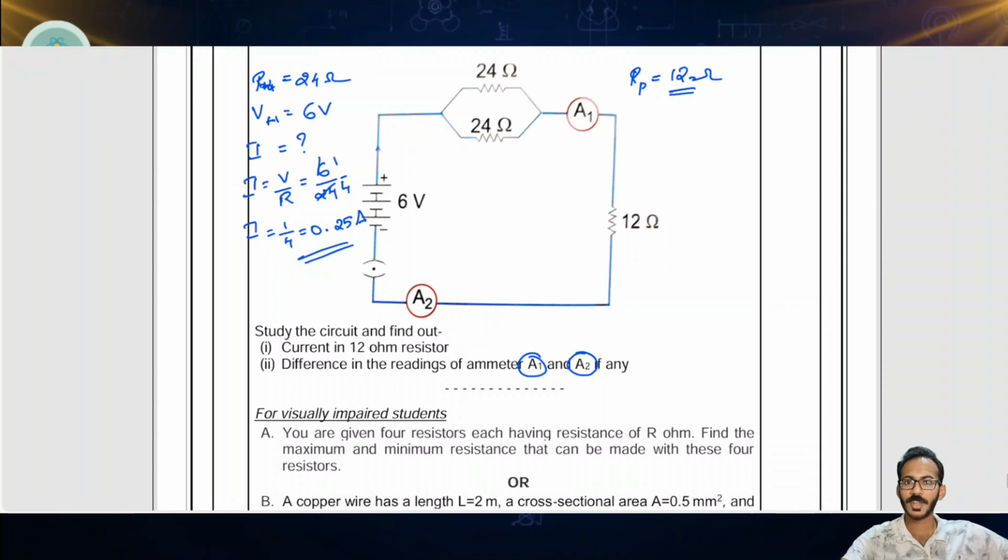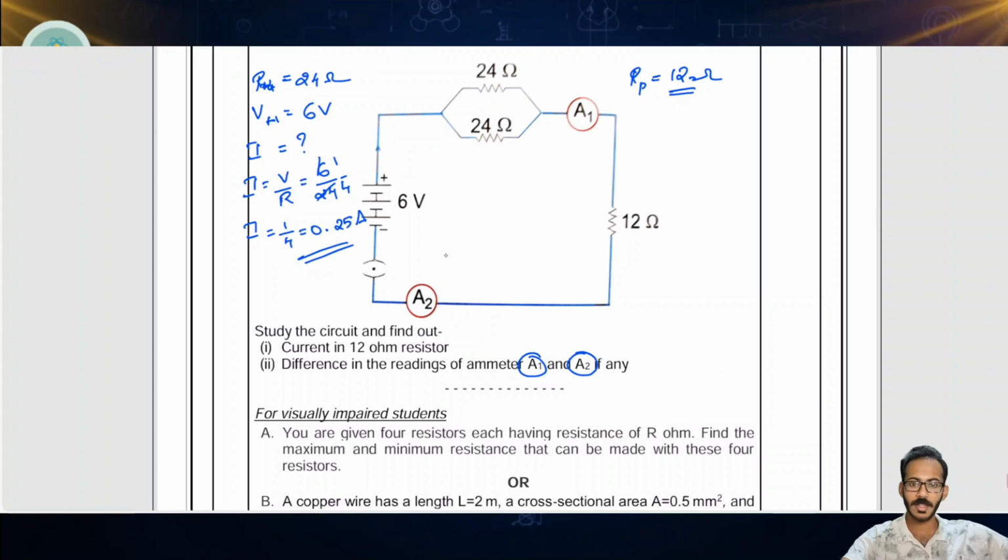In series connection, current is same but potential difference is different. So here, looking at this figure, in between this 24 and 24, it is a parallel connection. So potential difference will be same, current will be different. But when we compare this part with this single resistance over here, this is a series connection.